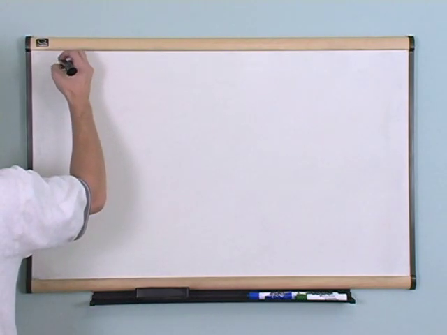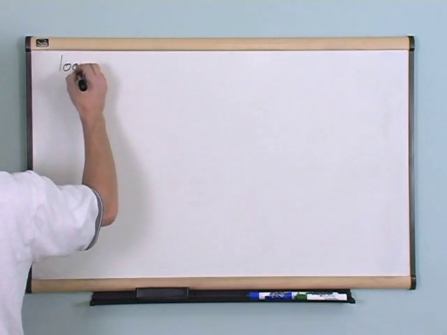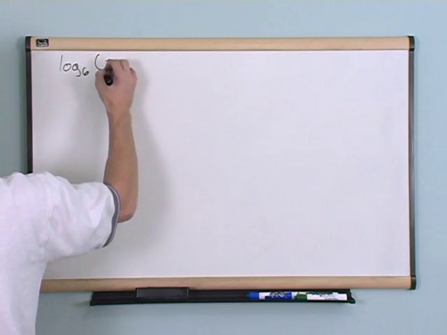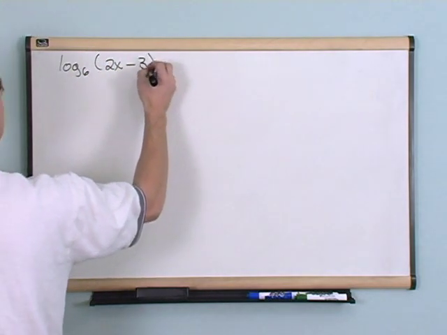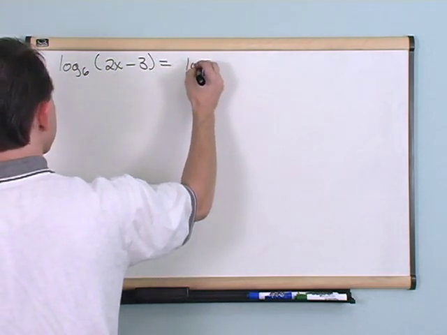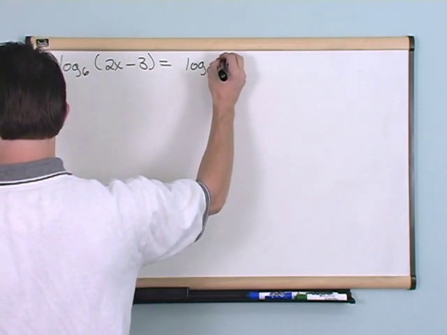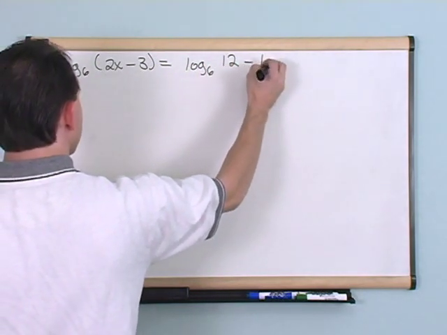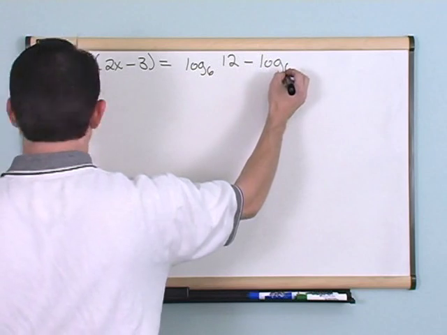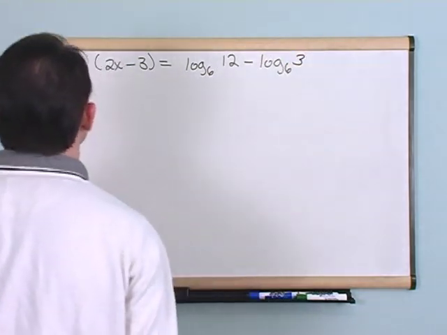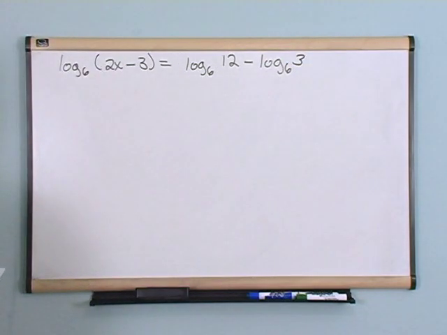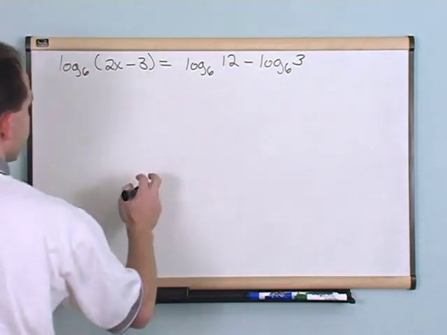Okay, what if I had log base 6 of 2x minus 3 equals log base 6 of 12 minus log base 6 of 3? On the right-hand side of the equation, first of all, before I deal with the left, look at the right.